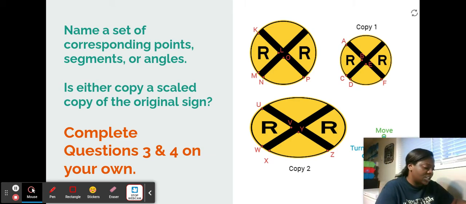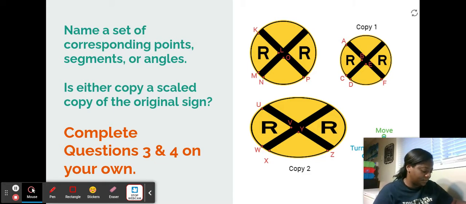We can still use our imagination. If we use our imagination, what will we see? Well, the original and copy number 1, those angles look very similar to each other. If I had to guesstimate, I would say they were right on point, the exact same angle. But in copy number 2, that angle is way larger. Angle XYZ is larger than NOP.